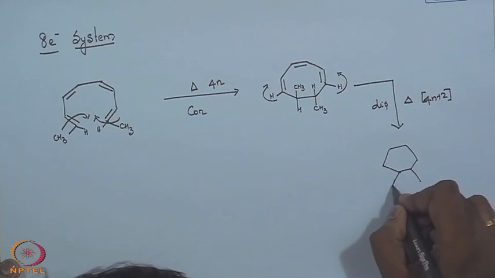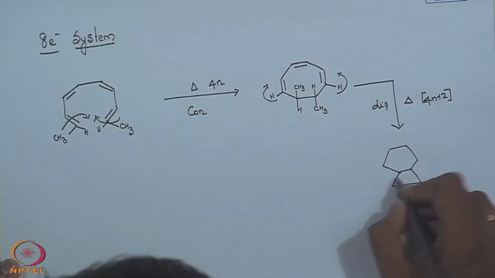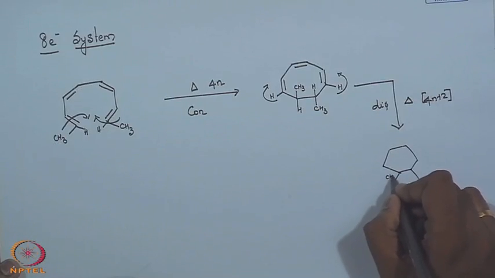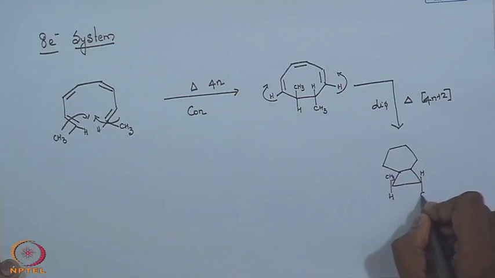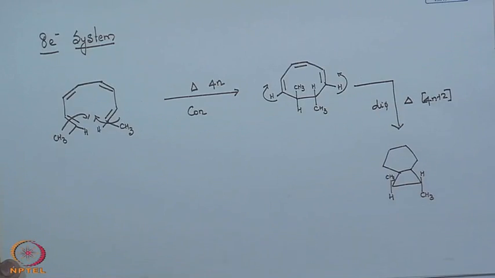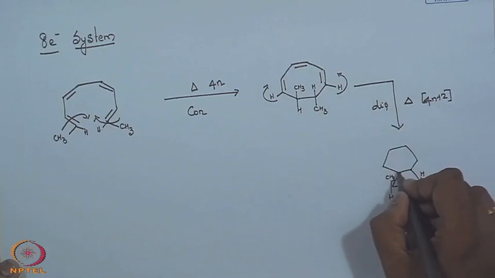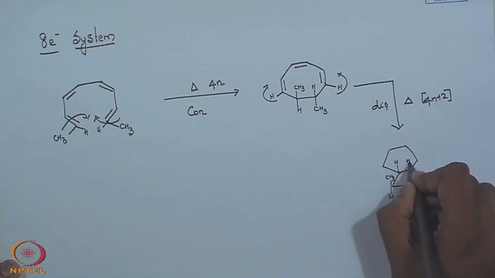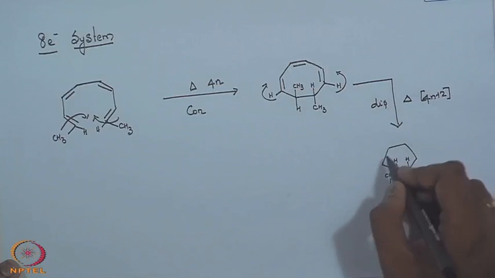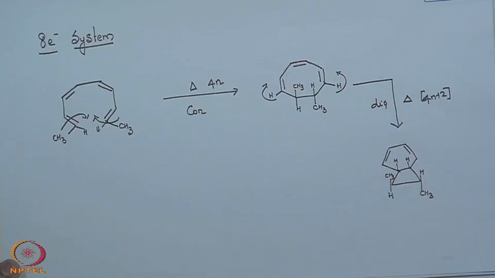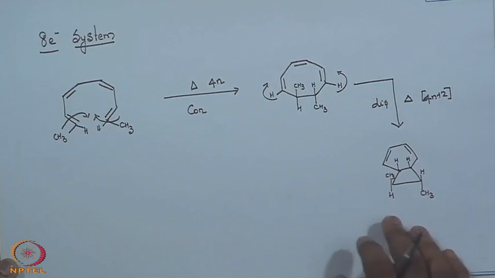Just for understanding, we will write, so that we can have your methyl here, your hydrogen, your methyl, right. Now, if it is both, so your hydrogen should be same, see. Then you fix your double bond, because it is cyclized, okay. So, you get this product.